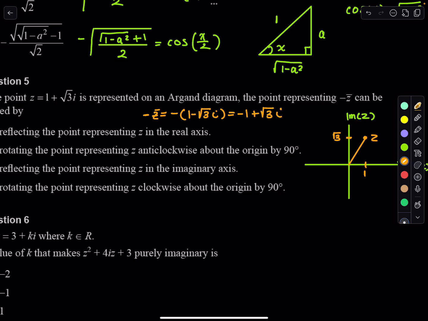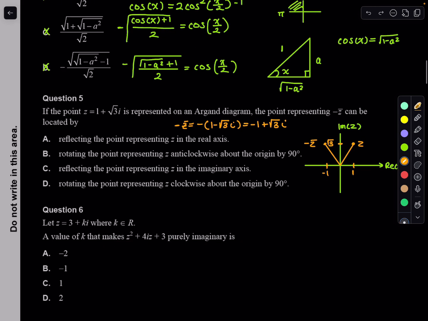So this point is negative 1 plus root 3i. As you can see, it's just a reflection. So negative conjugate of z is a reflection of z in the imaginary axis. That's basically what it is.